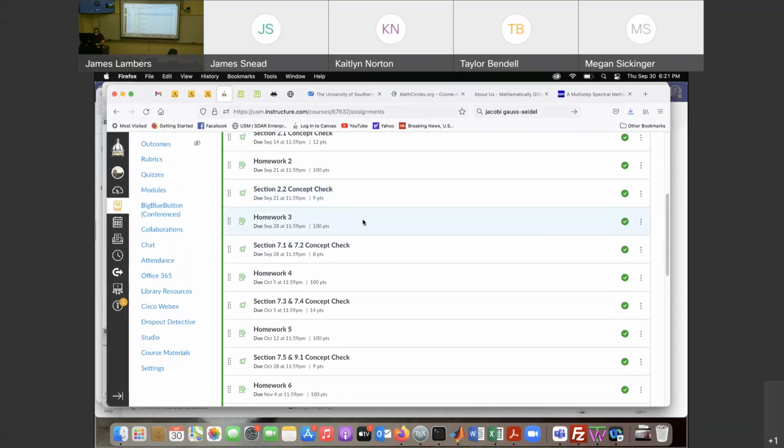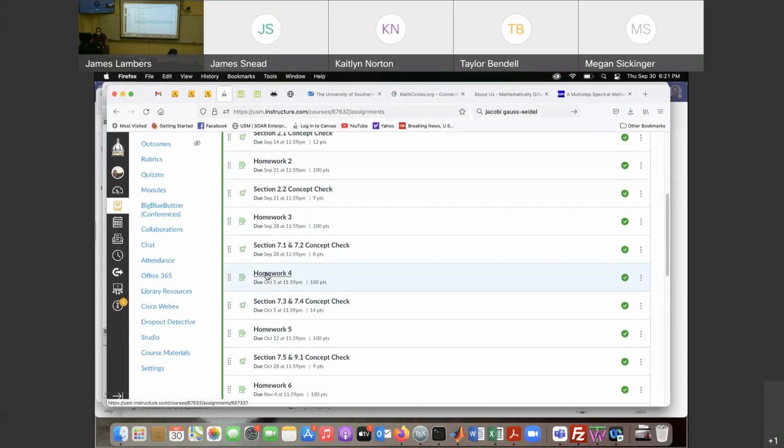As far as the homeworks are concerned in relation to the midterm, these two homeworks, this is chapter 2 homework. The homeworks deal with chapter 7 that we're in the middle of now, polynomial interpolation.